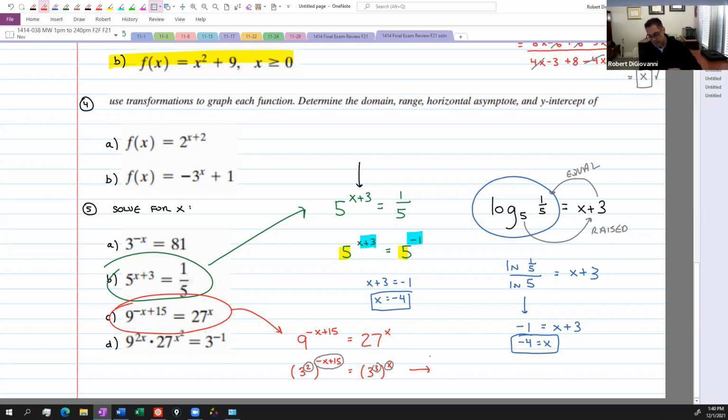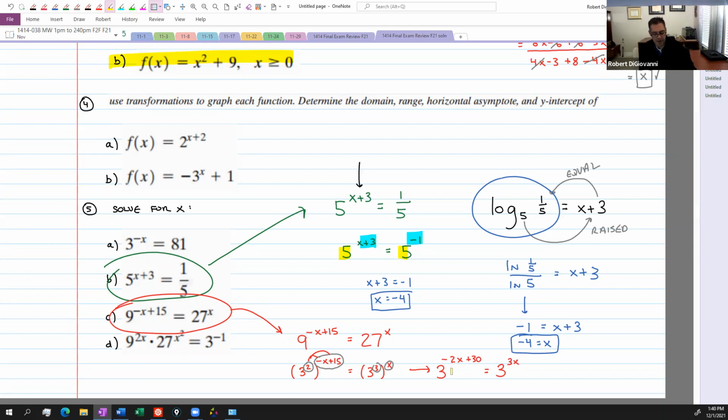I'm out of space, so I'm just trying to squeeze it in here. If I multiply the 2 through here, I get 3 raised to the -2x plus 30 equals, and then on the other side I get 3 raised to the 3x.